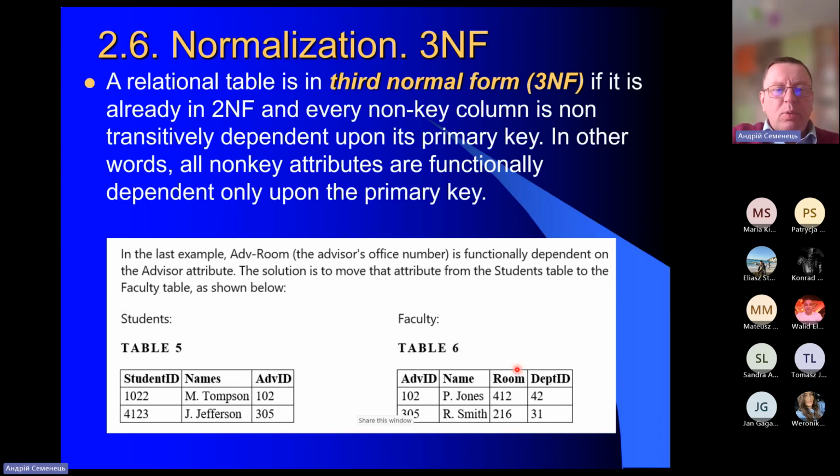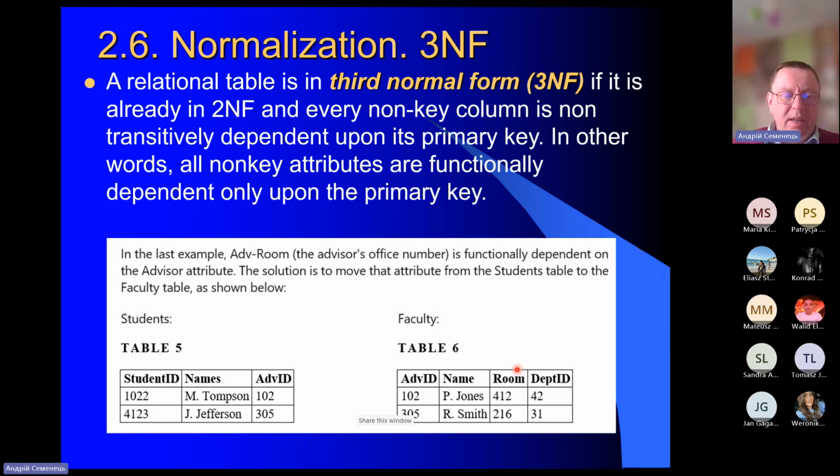And the final point is the elimination of any functional dependency. In this case, we have information about advisor teacher. It's functionally dependent on the advisor attribute.